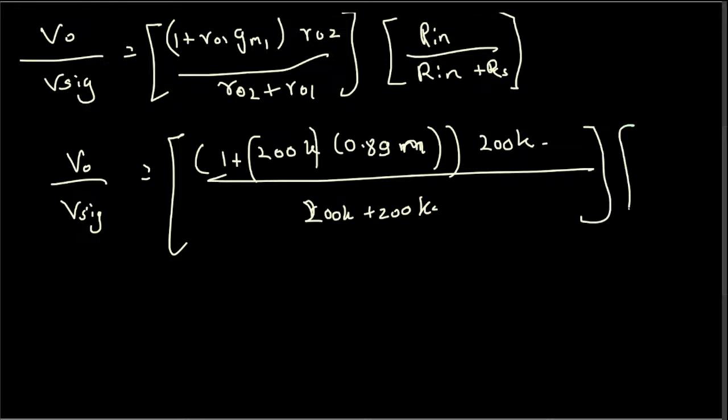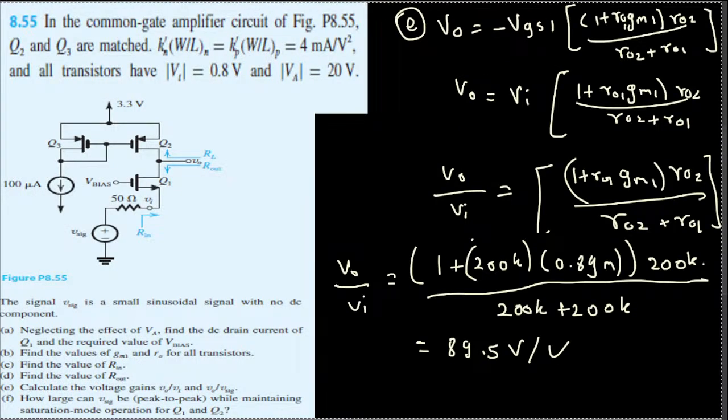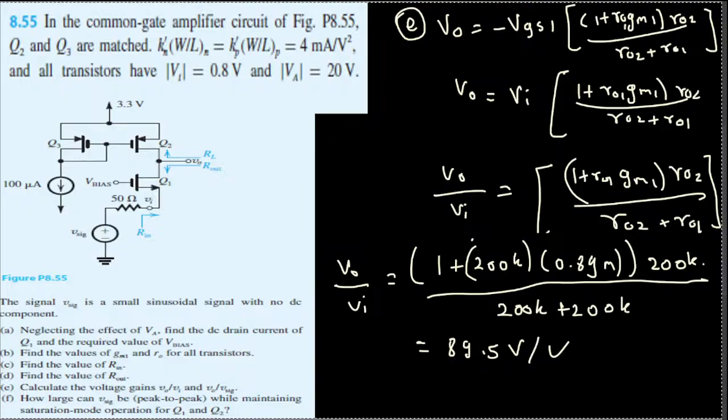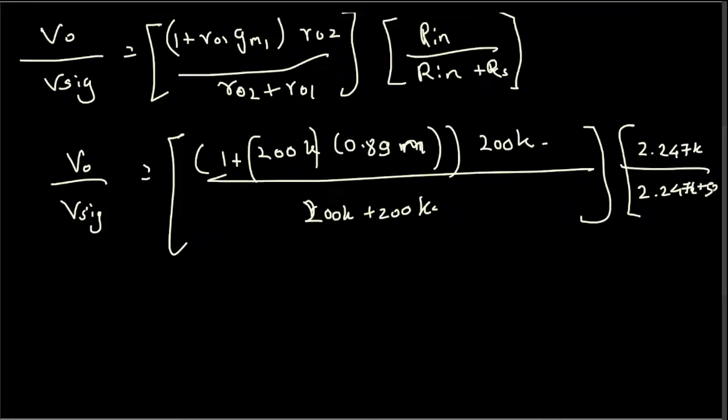On the other side we have the input resistance, which we calculated in part C to be 2.247k ohm, and the RS value is 50 ohm, so plus 50. Now we have all the values available. If you calculate it, you end up getting 87.531 volts per volt, and that's our final answer.